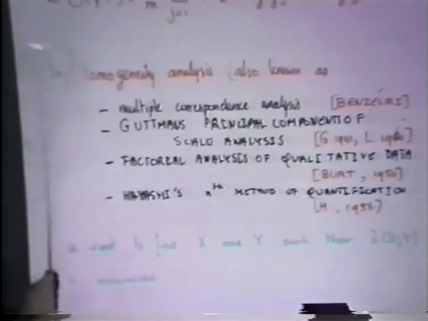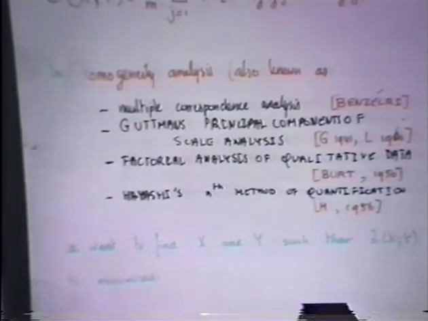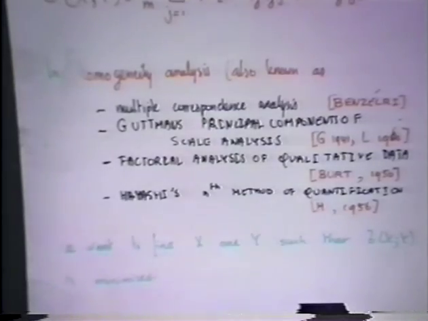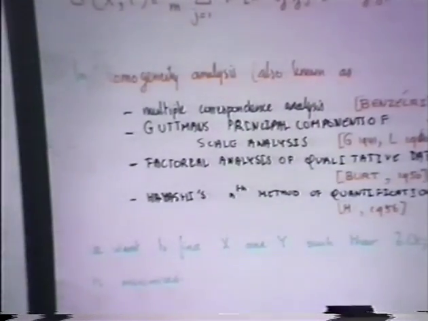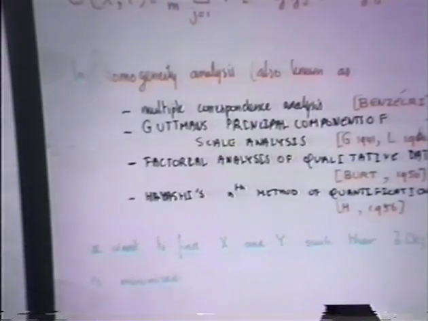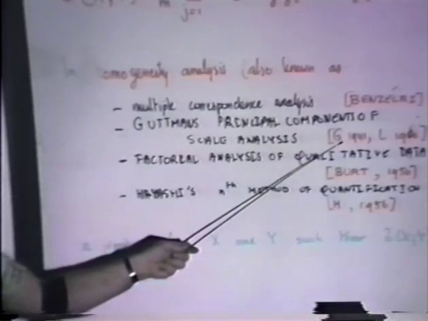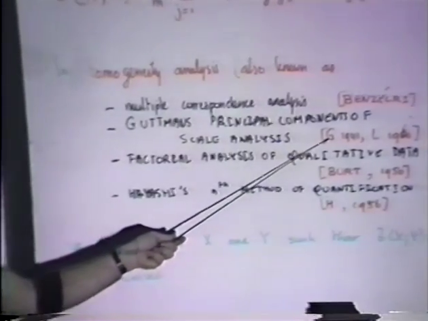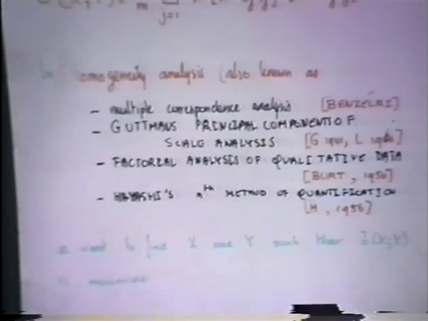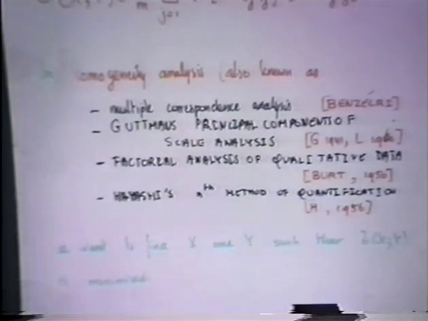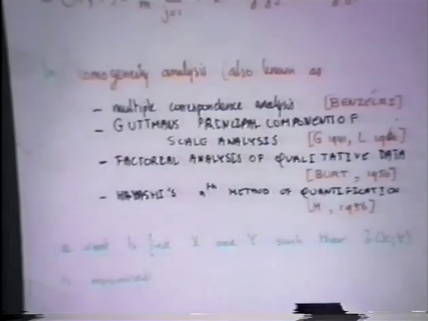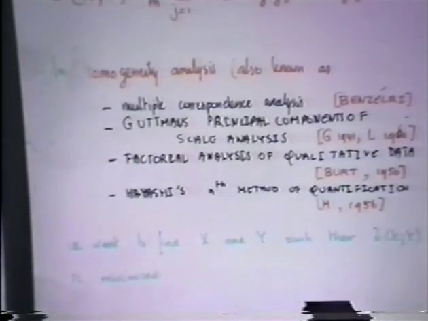I can also make some historical remarks. The first one to propose homogeneity analysis under the name of quantification method was Goodman. That's the G here. That's Louis Goodman, not Leo Goodman. Louis Goodman in 1941, in a paper which is somewhat difficult to obtain but which really exists.